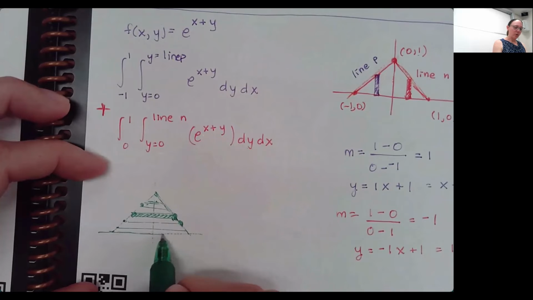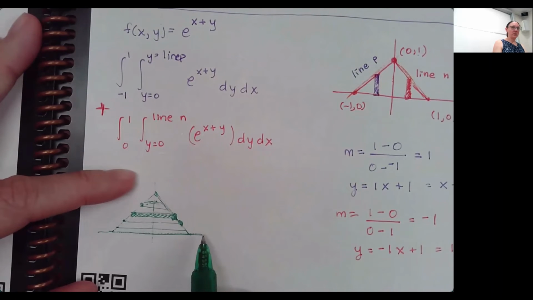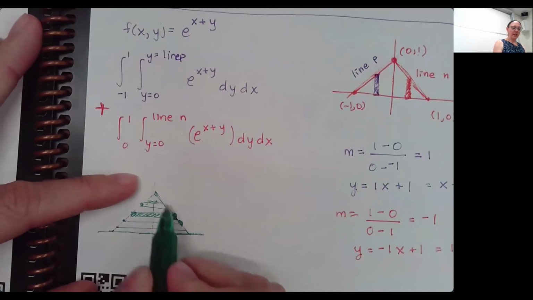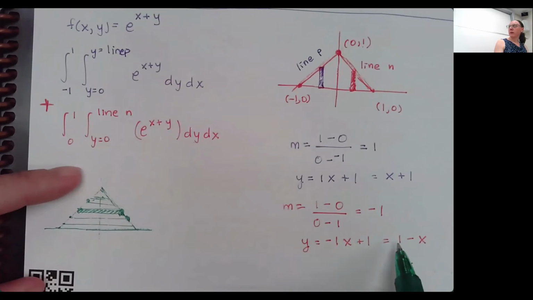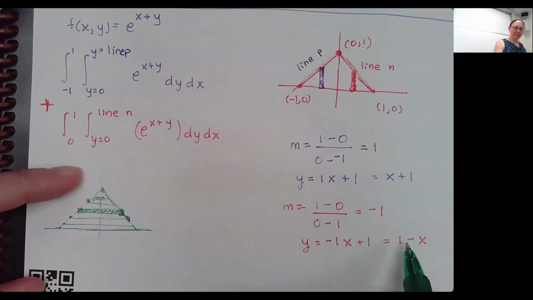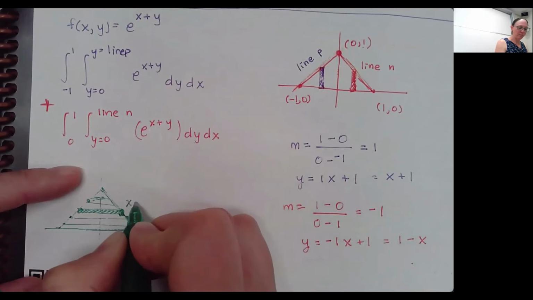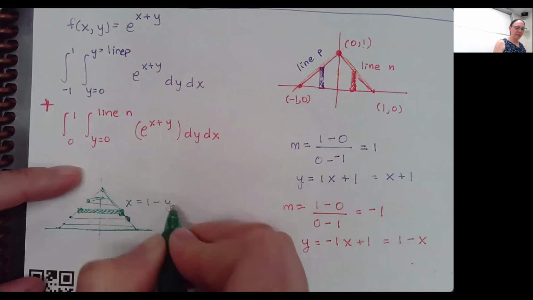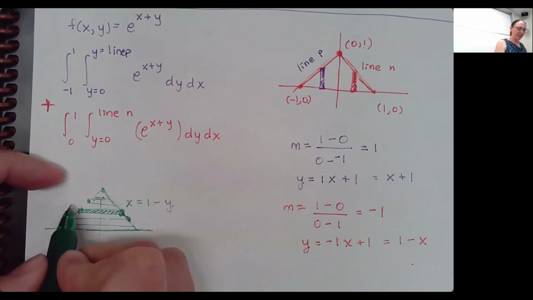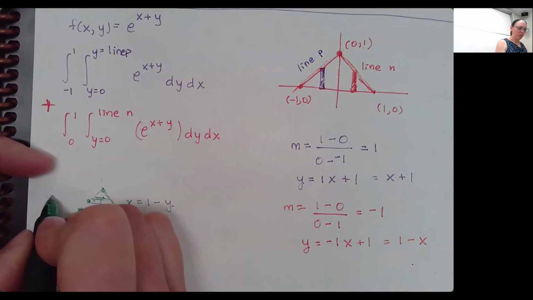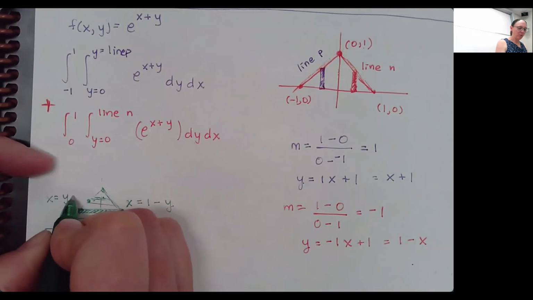Well, if I switch to horizontal cross sections, then I have to rearrange the two equations. So this equation with the negative slope, if I rearrange to solve for x, this side would be x equals 1 minus y. And this side would be x equals y minus 1.